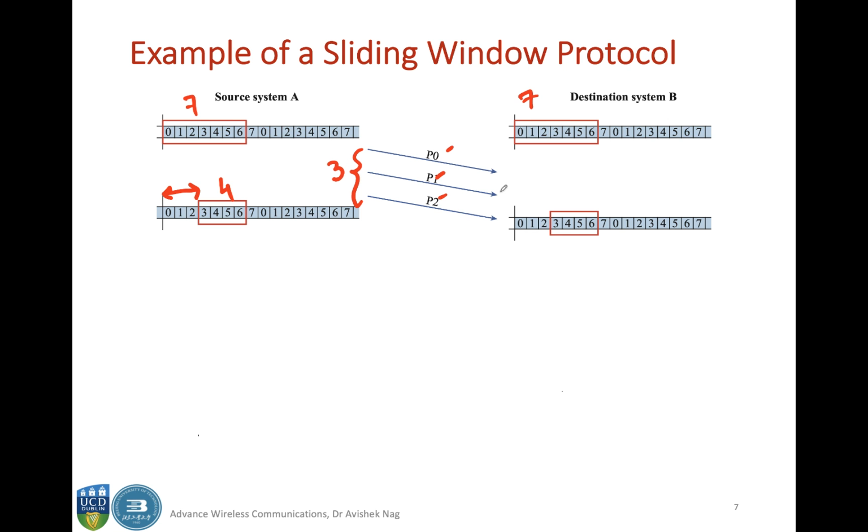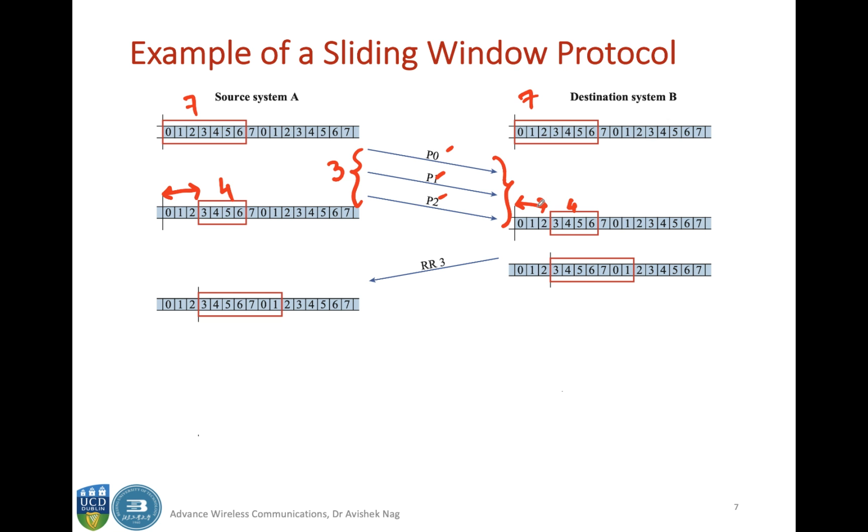In the receiver also, the window size shrinks as it receives these 3. So from 7 it shrinks to 4.